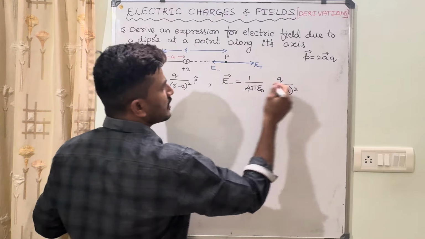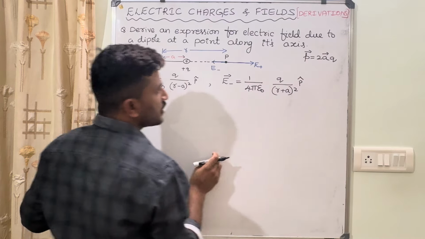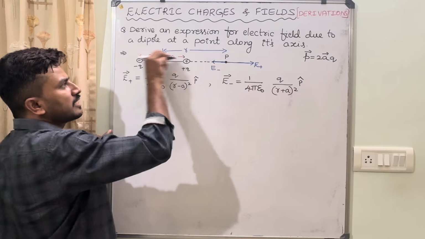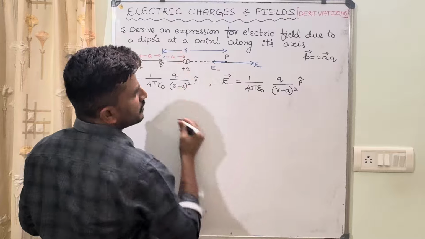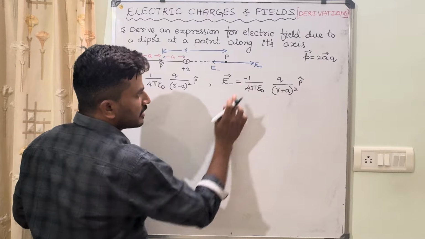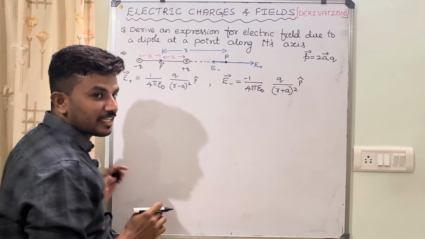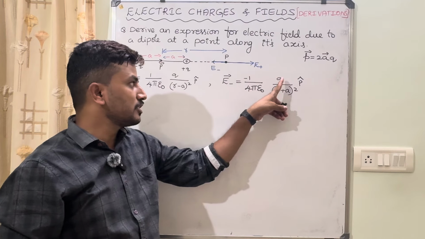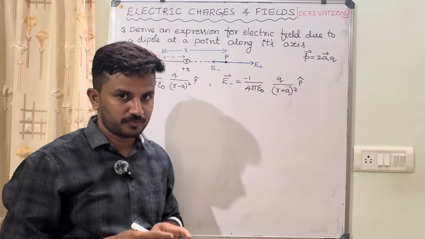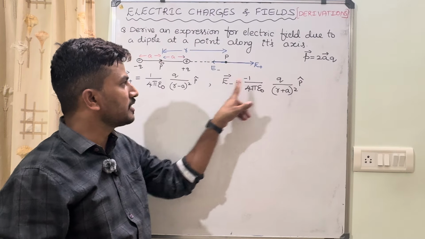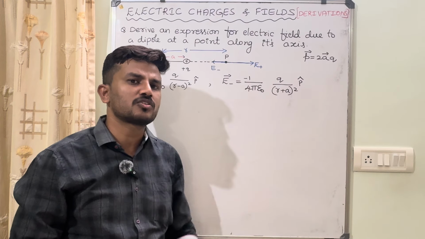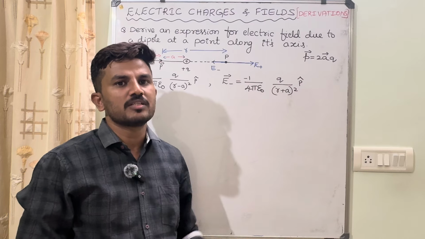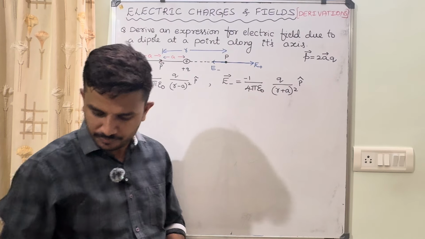Now, if you observe, p cap, or the p vector, is on the right side, but E minus is on the left side. That's why you have to take a minus sign here. This minus sign is not because the charge is negative. I have taken the minus sign because E minus is opposite to p. You can derive this in scalar form also, but vector form is the standard one. That's why I am deriving it in vector form.